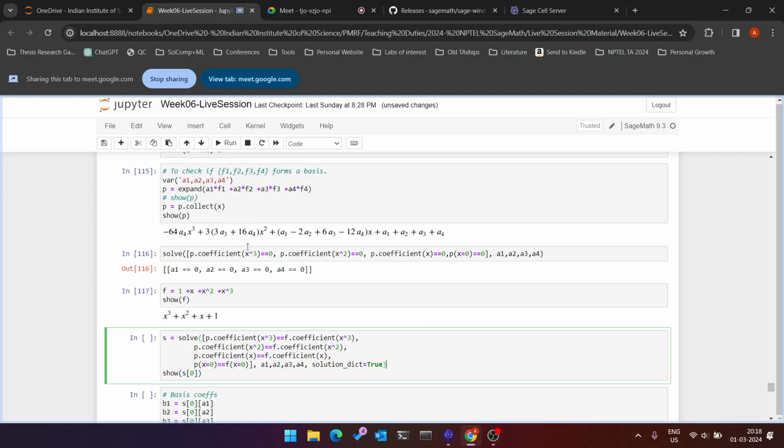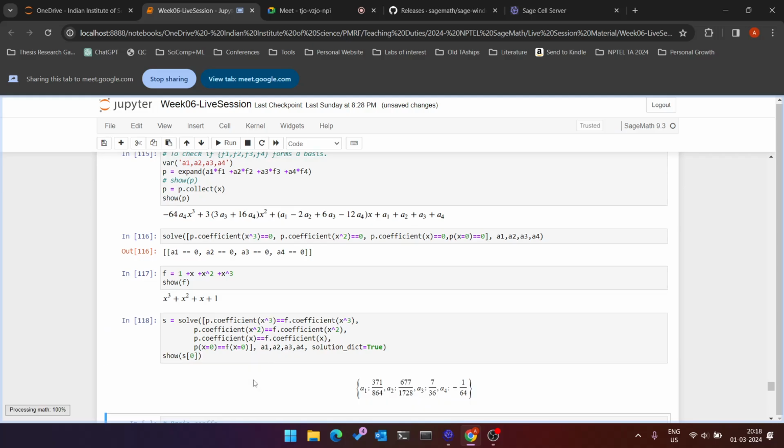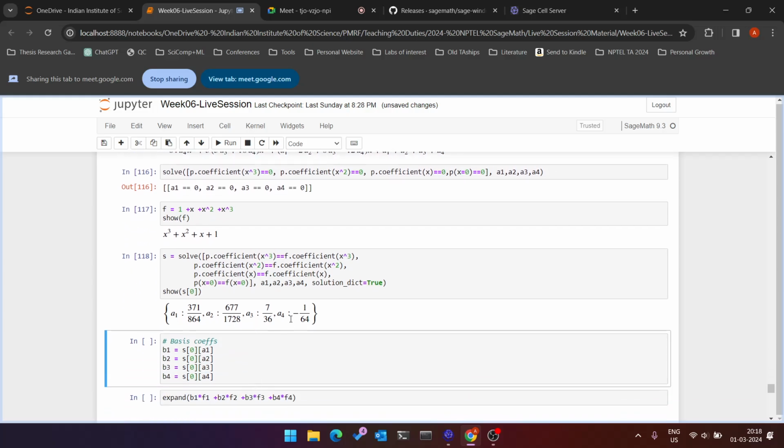Similarly, the coefficient of x squared should be 1, coefficient of x should be 1, and the constant term is also 1, a1 plus a2 plus a3 plus a4. Once I solve these four equations and obtain the values of a1, a2, a3, a4 in the form of a dictionary, I just print out the values. So as I mentioned, we expect a4 to be minus 1 by 64, which is what we are also seeing here.